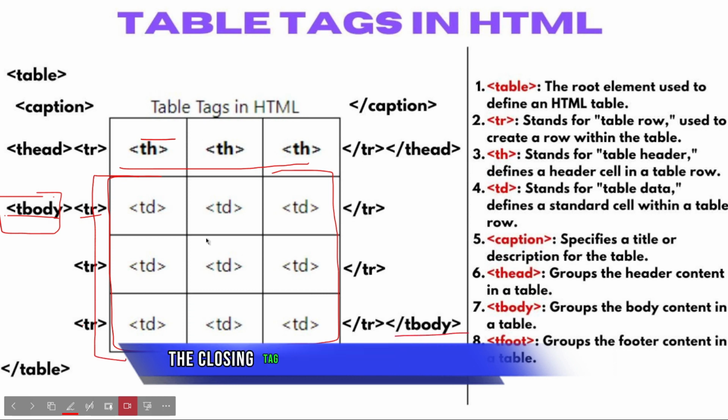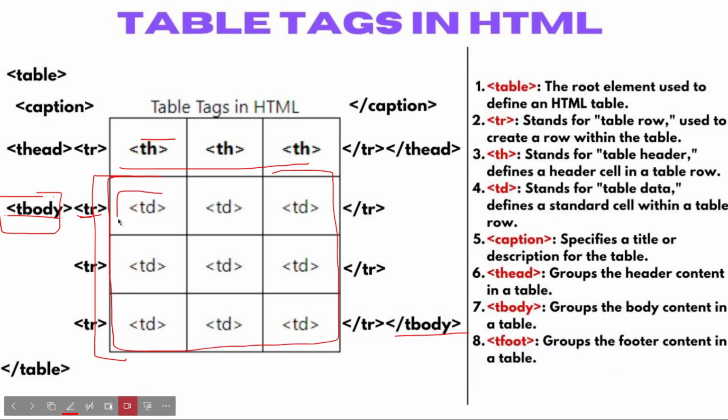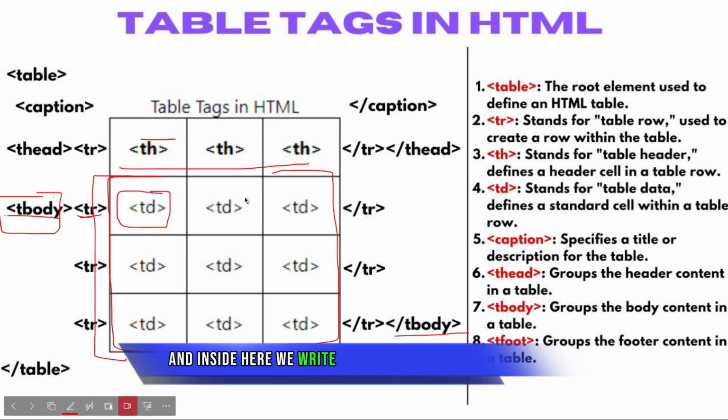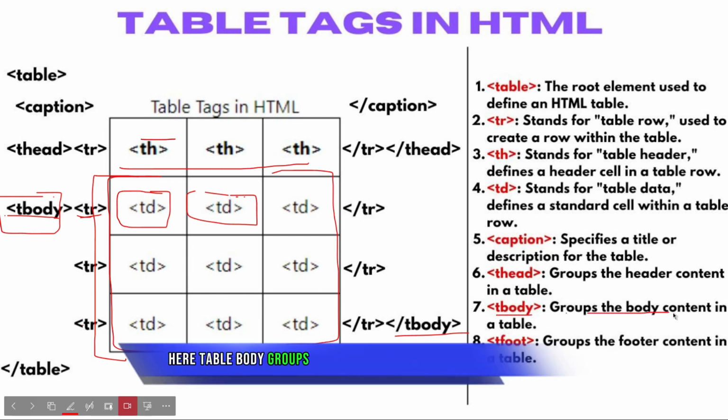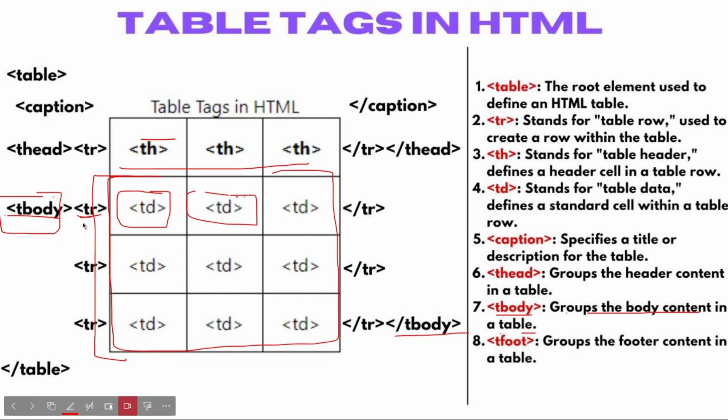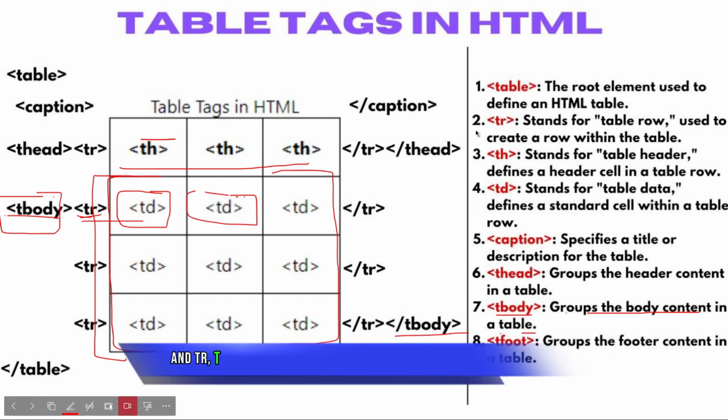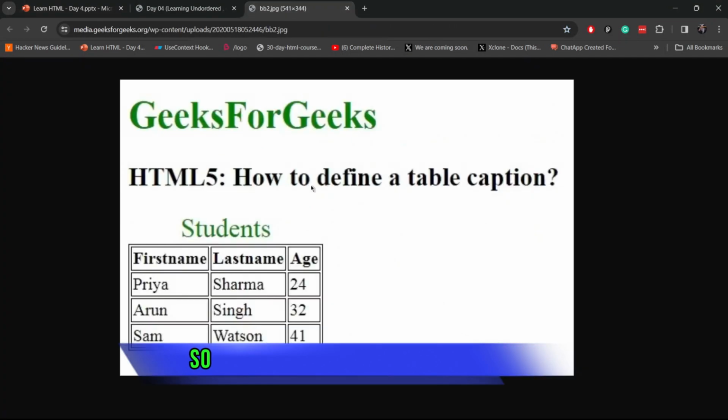As you can see, the closing tag here, and the opening tag is tr, and inside tr we write table data, that is td. You can see in the right bar here, tbody groups the body content in a table, and tr stands for table row, which creates a row within the table. And td stands for table data, used to write data. So let me open the image again.